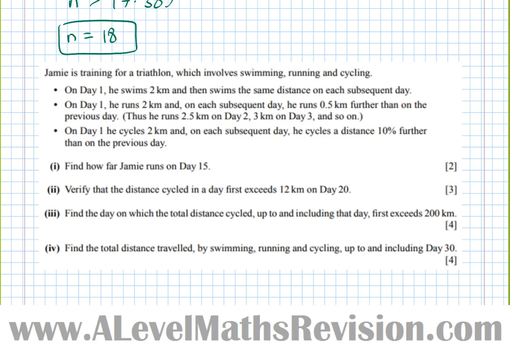That's a particular type of sequence that you should notice. There's a common difference between terms. Annotating this, and this is what I would do in an exam, I would write arithmetic, with A equals 2, D equals 0.5.